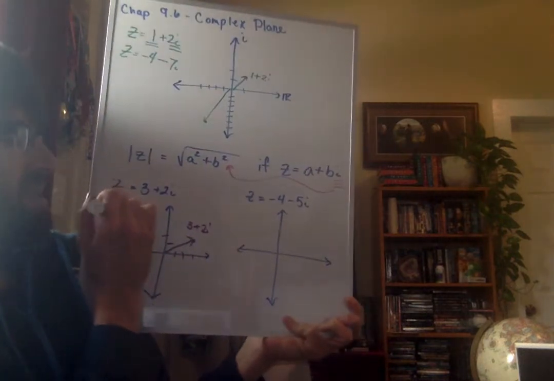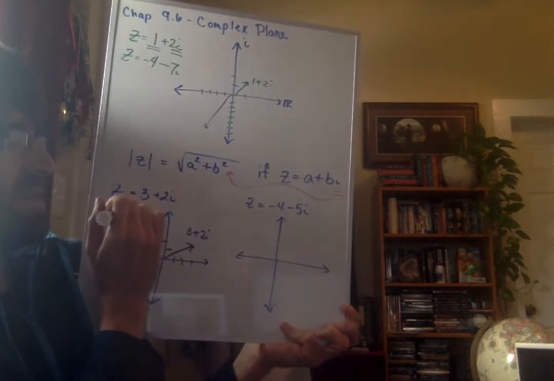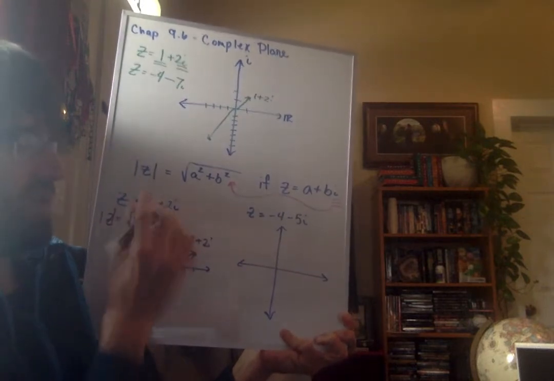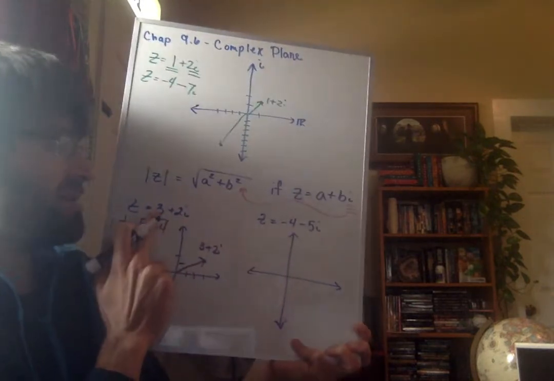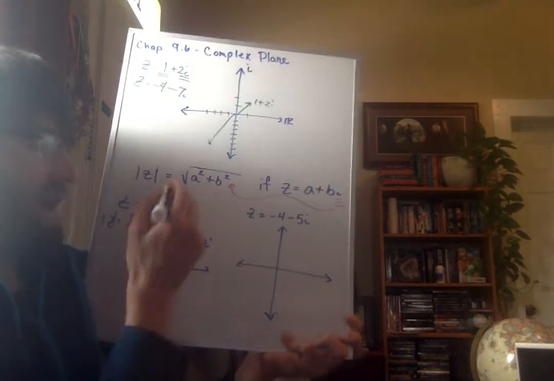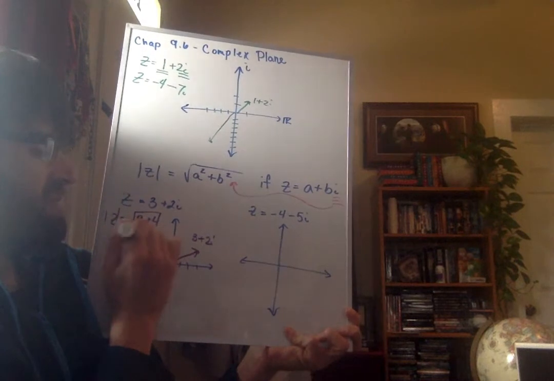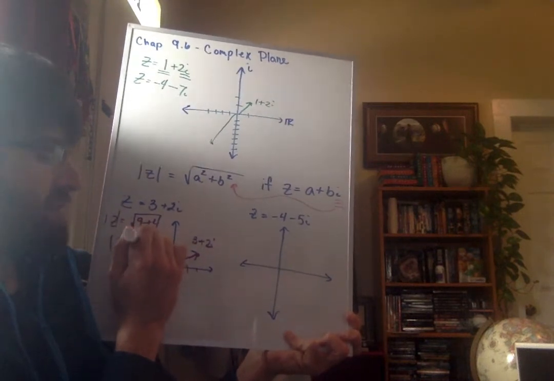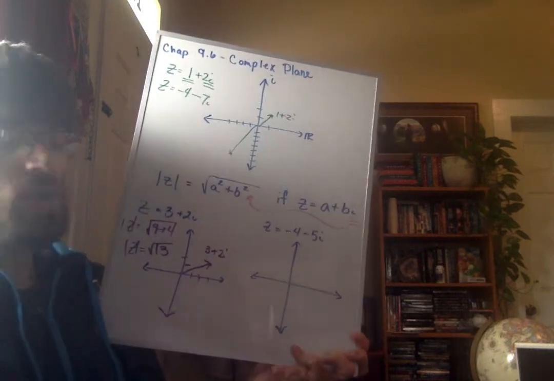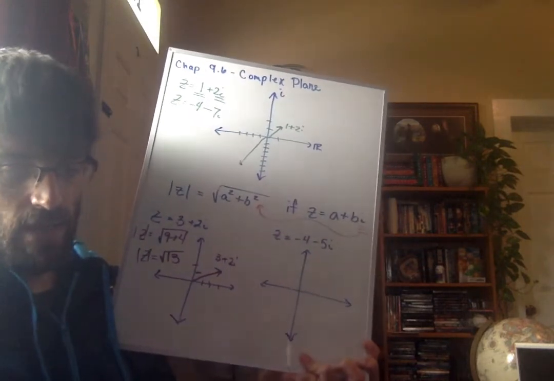So the absolute value of z is the square root of 9 plus 4. Notice I just square these two numbers. I do not square the i. Do not square the i. So that is going to be the square root of 13. Pretty simple, just basically your Pythagorean Theorem.